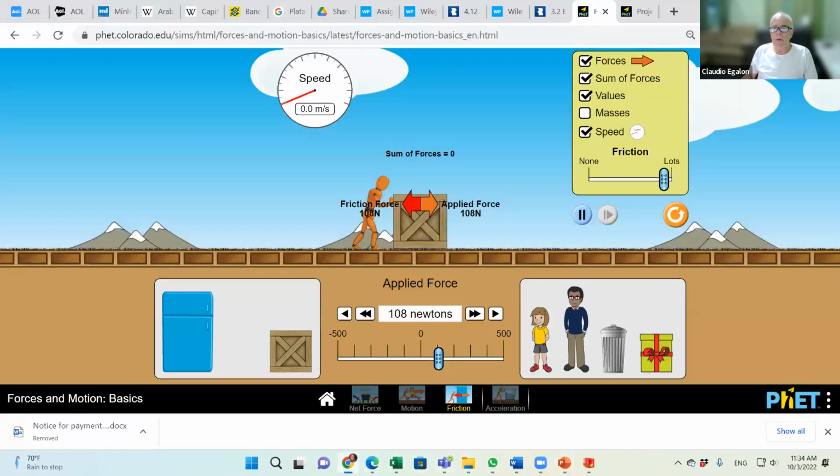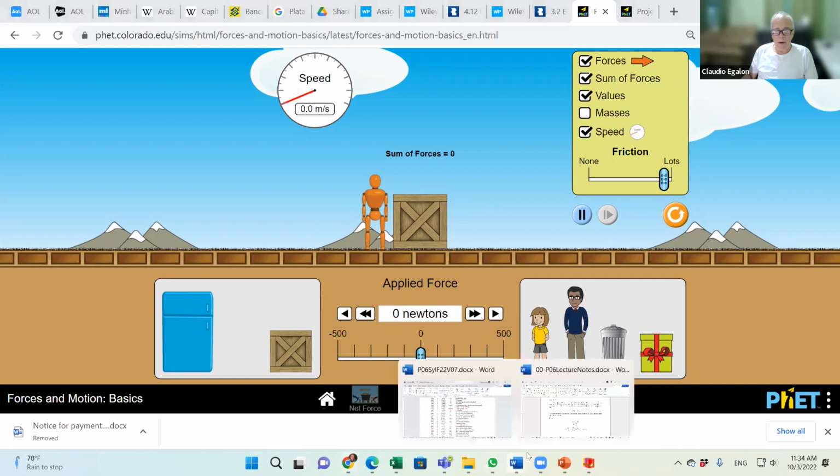Let's see, I'm going to start at 0 newtons, right? Start at 0 newtons. There is no force of friction whatsoever. Okay? So the story goes like that, right?